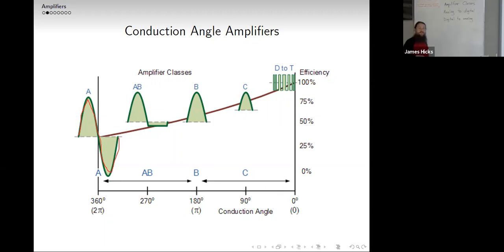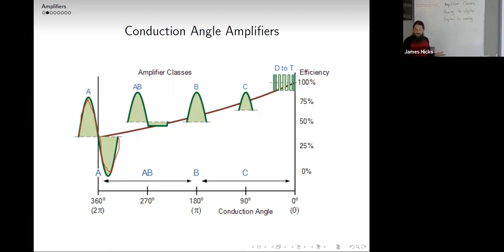That has benefits and drawbacks. As we increase the efficiency, we are lowering how often, how much, or how long our transistors or our amplifier is on. That's one of the reasons that these classes B and C are more efficient.